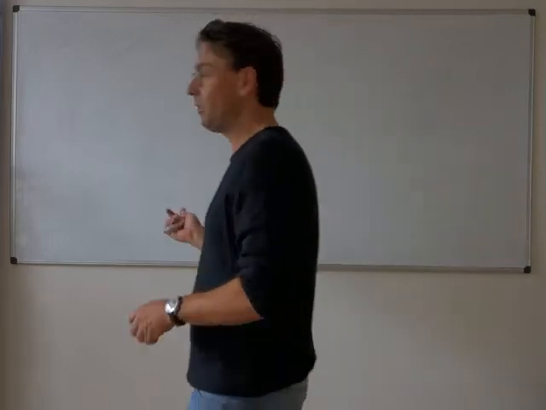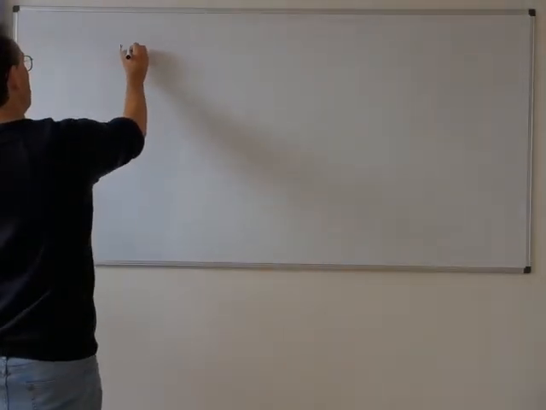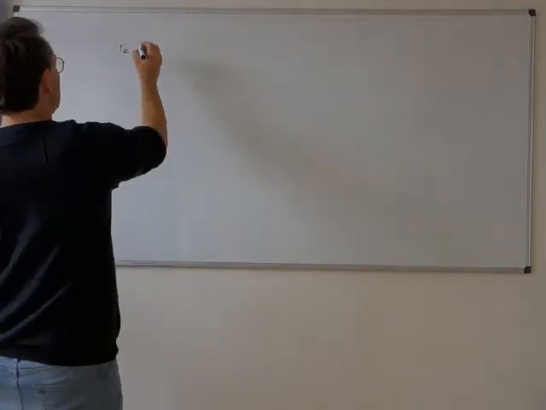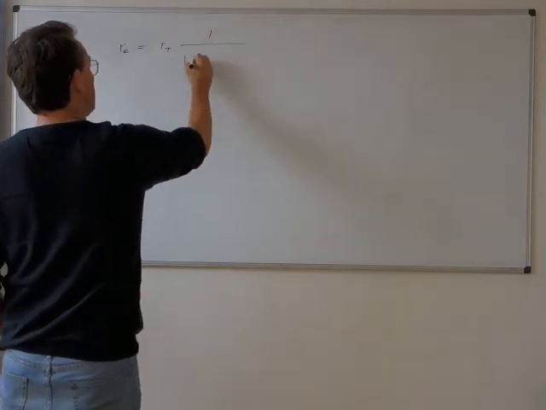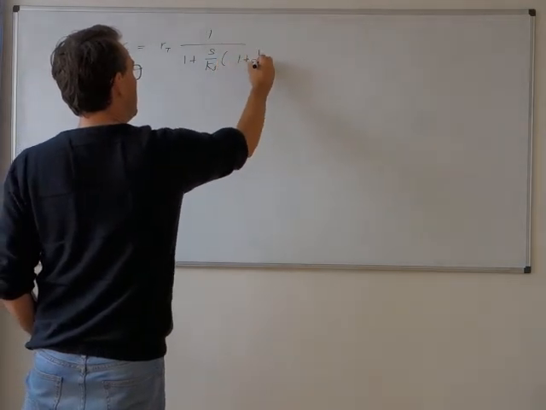So if I now continue where I left off, we have three equations now. We have the free equation, so the concentration of the free receptor, which is R total times 1 over (1 plus S divided by Ks, times 1 plus L).